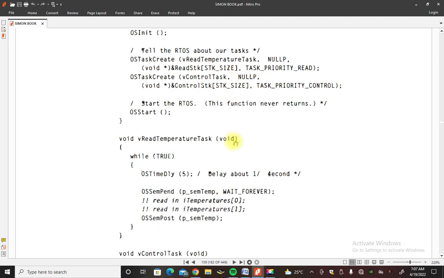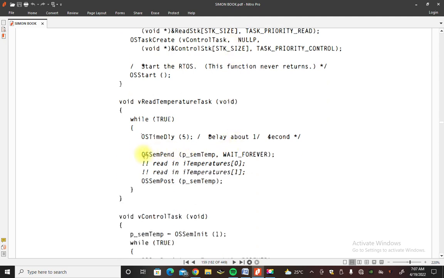And here, if you see, OS pending is something like take semaphore, post is something like release semaphore, as we see here. In the read temperature task, the semaphores are being used to prevent the shared data problem, because in this particular read temperature task with respect to the nuclear reactor, the temperatures are getting updated. So this is the critical section where a shared data problem may occur whenever the interrupt happens in between these two lines.